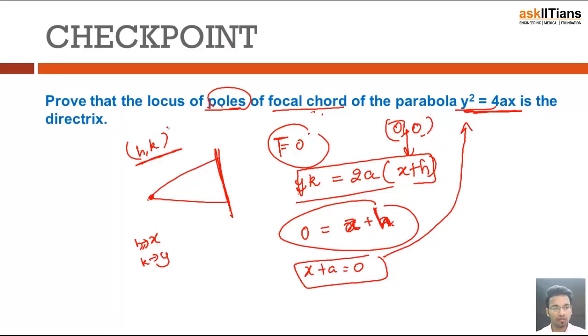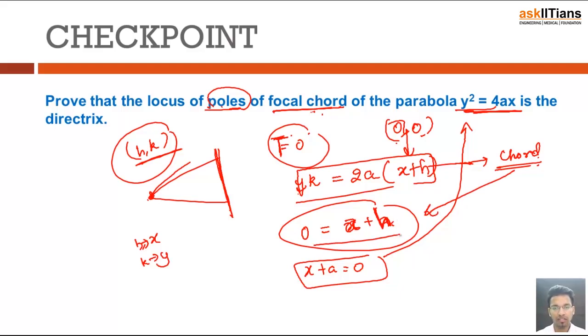So what we have done, we started with this point, we found from T equal to 0 this chord, and since it is given that this chord is a focal chord, we applied that condition, that it passes through a comma 0, and this is the condition we got, and we replaced it with the general coordinates.